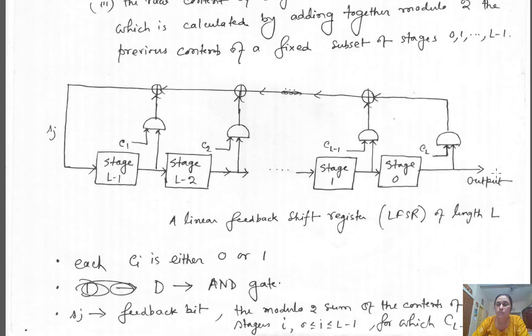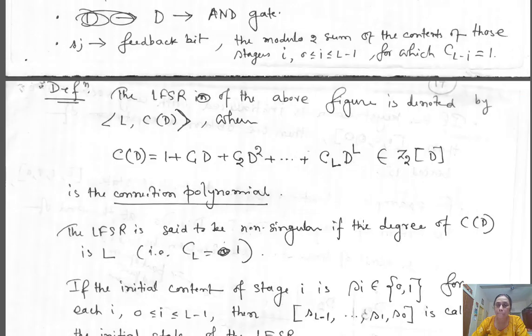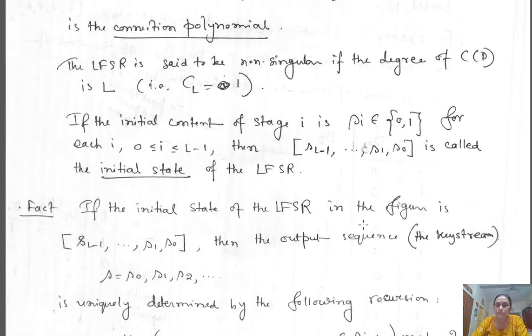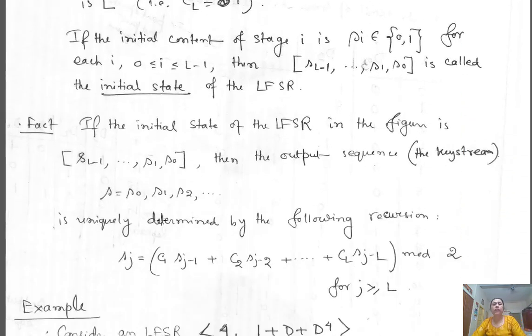So the initial output sequence part is S0, then S1 comes, then S2 comes, up to S(L minus 1), like that. These are uniquely determined by the following recurrence relation: Sj is C1 S(j minus 1) plus C2 S(j minus 2) plus up to CL S(j minus L) modulo 2, for j greater or equal to L.